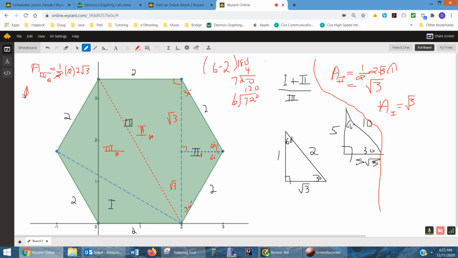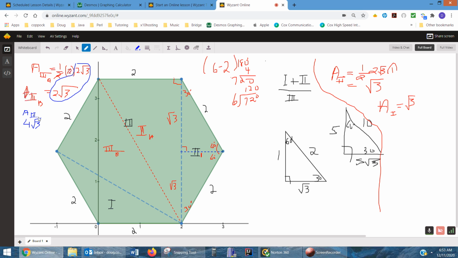We could do the same exact thing for triangle 3 sub B. We get 2 radical 3. So the area of quadrilateral 3 is the sum of these two numbers, 4 radical 3. That's the area of quadrilateral 3.